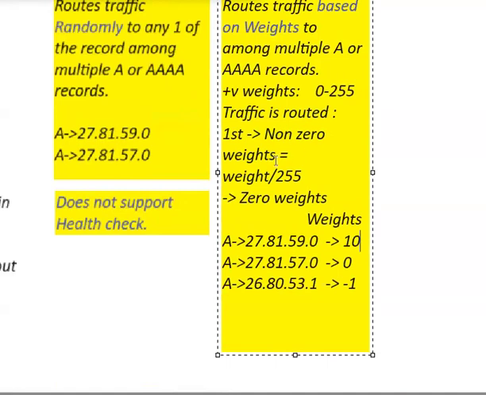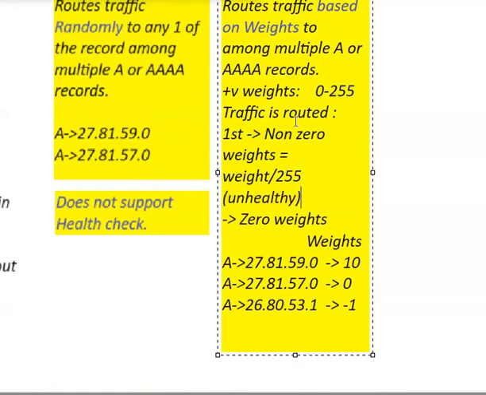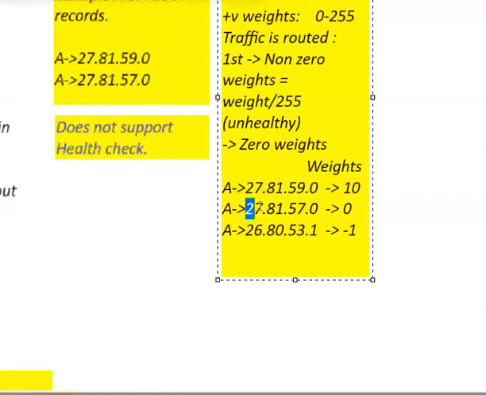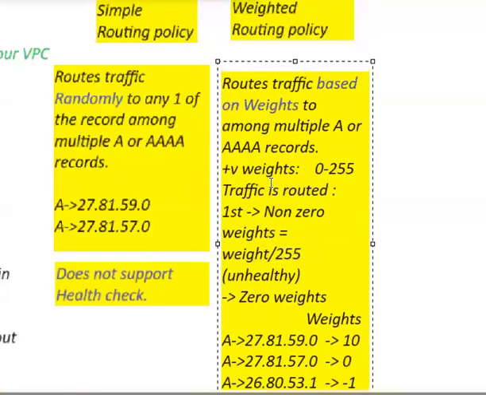Whenever all non-zero records become unhealthy, only then will your request be routed to zero weight records. That means only then will your request reach this IP address, that is, this server.